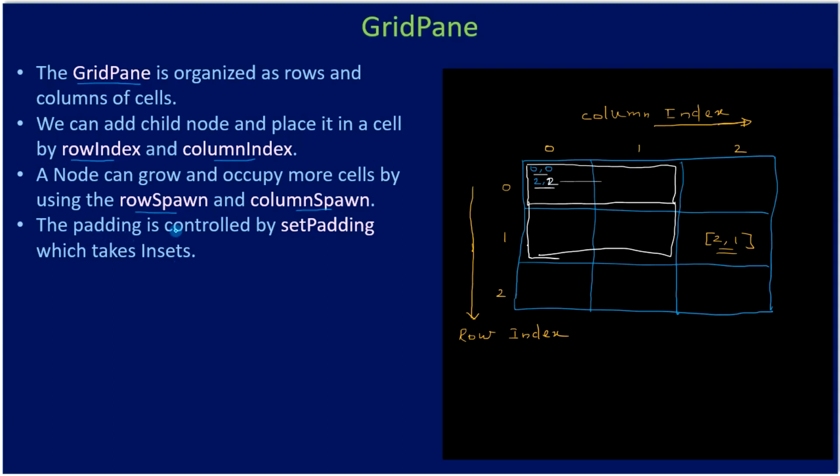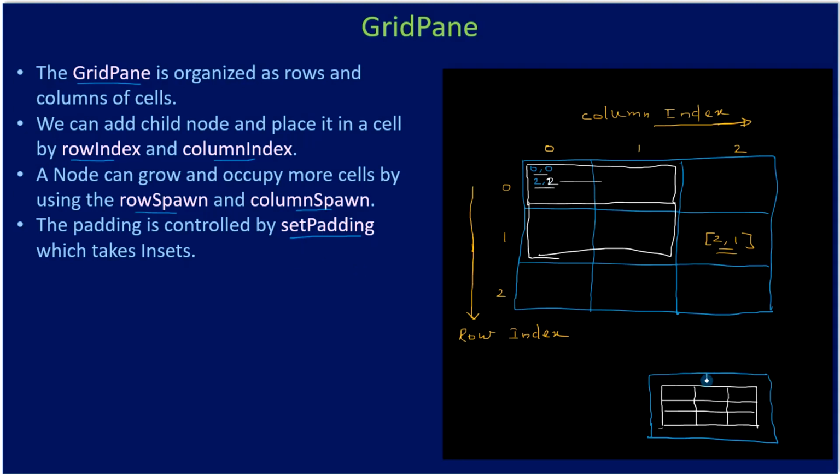The padding is controlled by the setPadding method, which takes Insets. That means, if this is the containing pane, let's say, and you add the GridPane like this, and let us take this same example. It contains 3 rows and 3 columns, and using the setPadding method you can specify the insets.